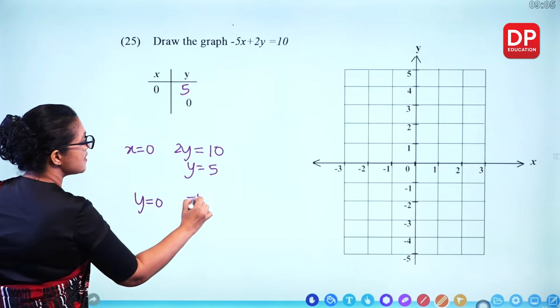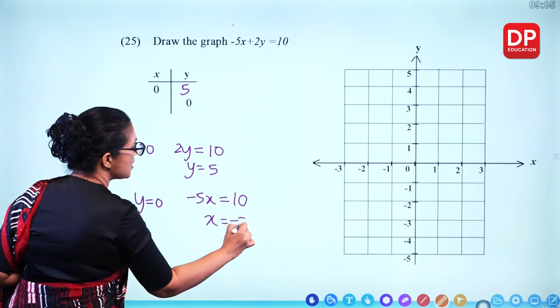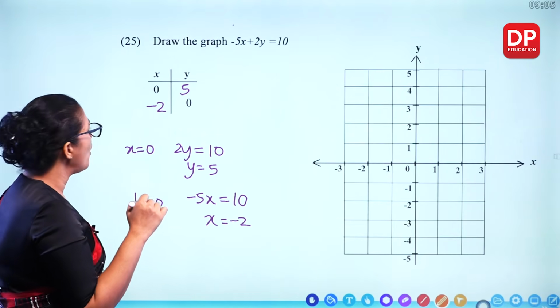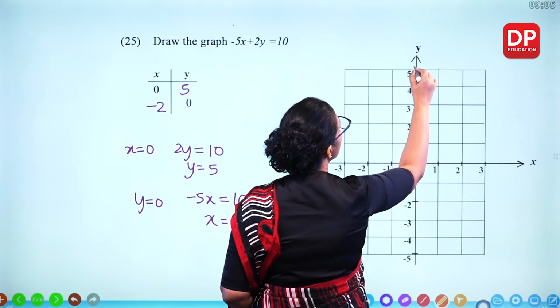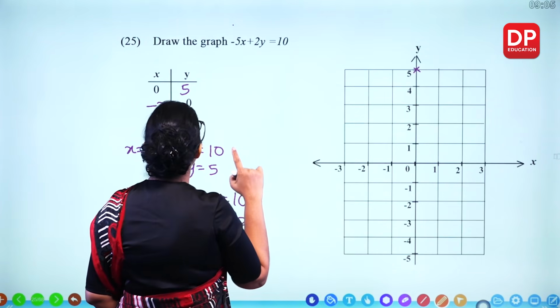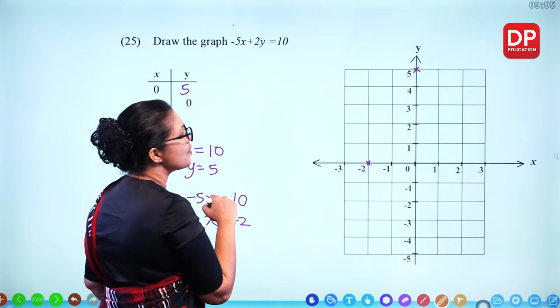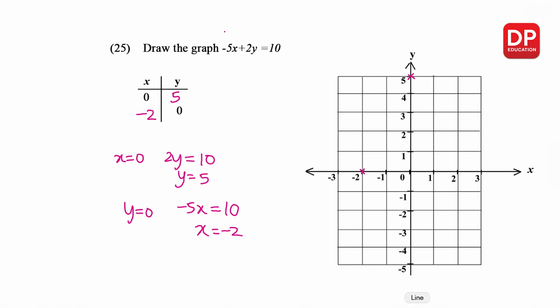Minus 5x is 10, divide by minus 5, you get minus 2. Now we have 2 points, (0, 5) and (minus 2, 0). Now connect it.